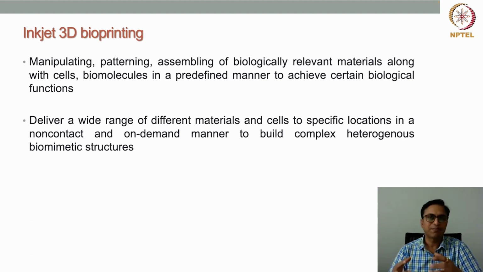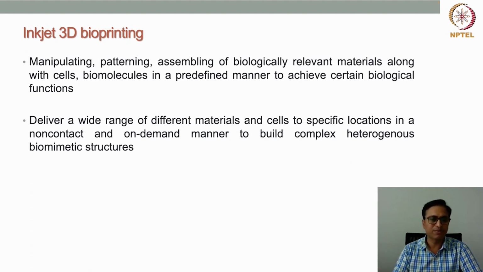Here, this printing technology can deliver different types of materials and cells. So we can use different types of materials and cells to produce these droplets and then deliver them to specific locations in an on-demand manner.